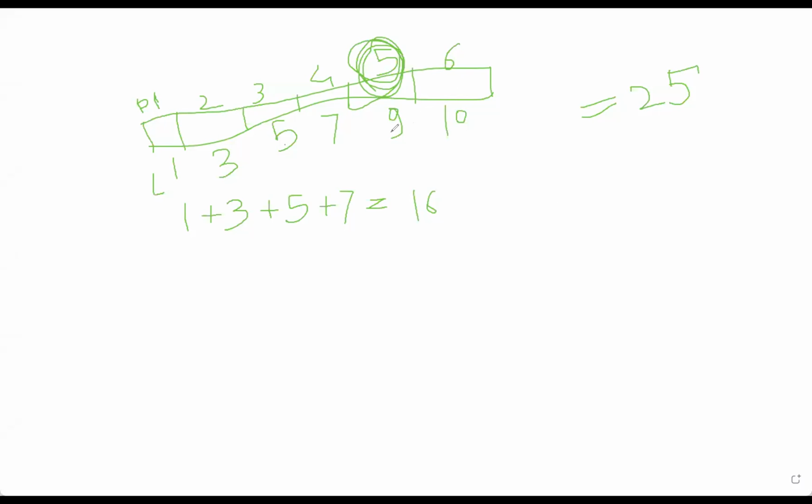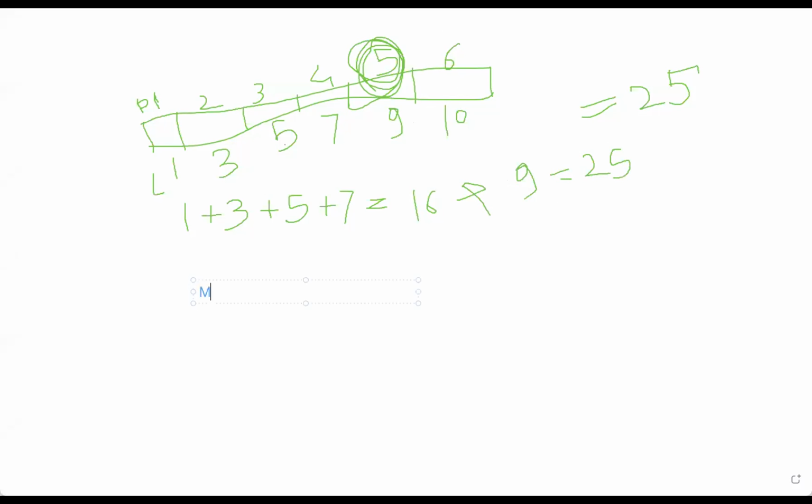That is 9 plus 7 plus 5 plus 3 plus 1, meaning 16 plus 9, which is equal to 25. And how many jobs are there? 6 jobs.